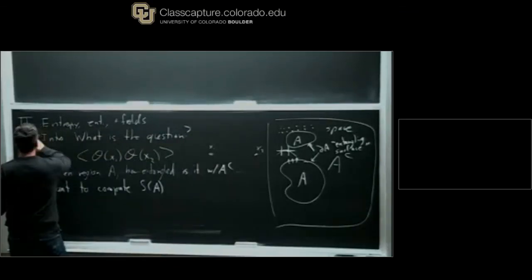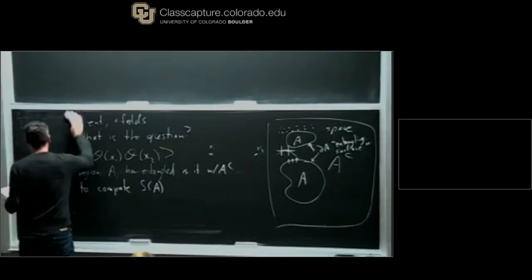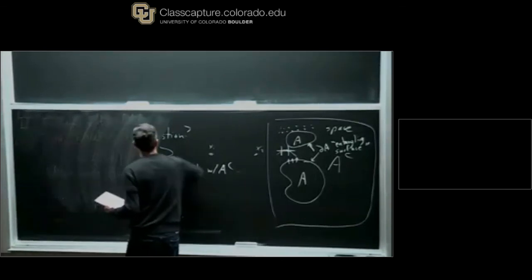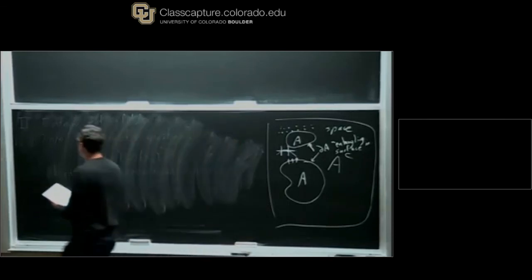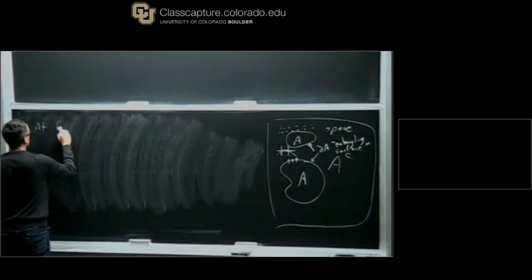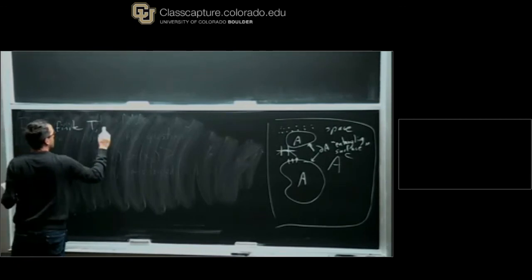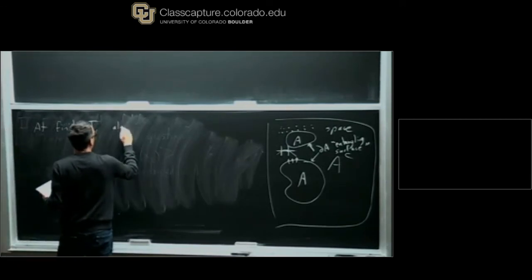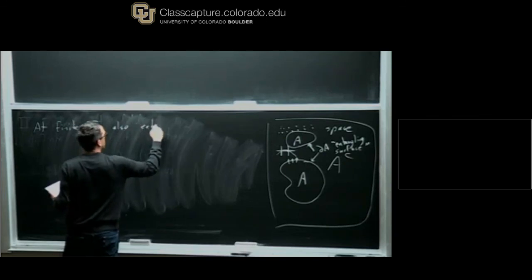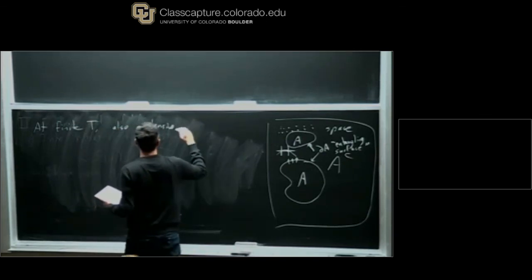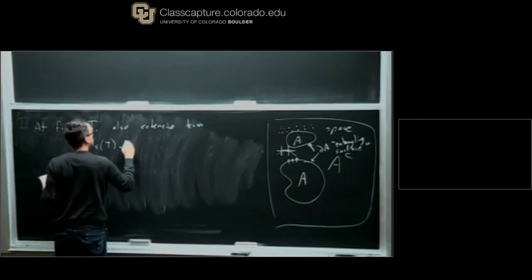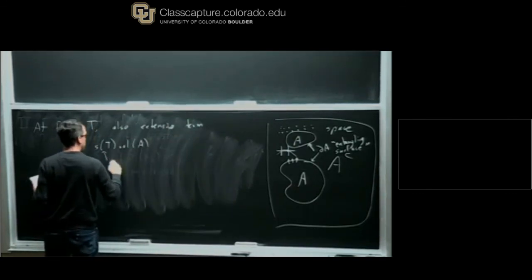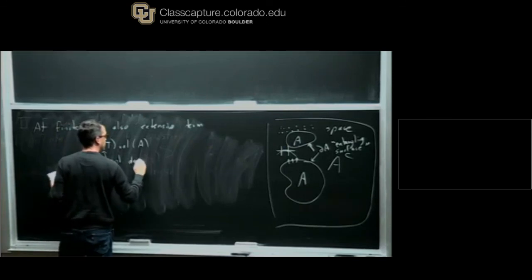Let me make another comment about the general structure. Leave this up. If you're at finite temperature, then you also have an extensive part just due to the thermal entropy density, which is like this, where this is the thermal entropy density.